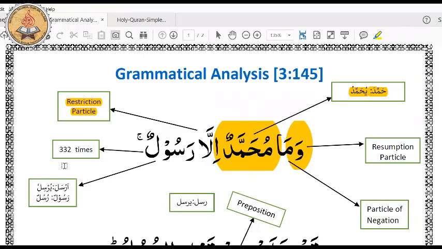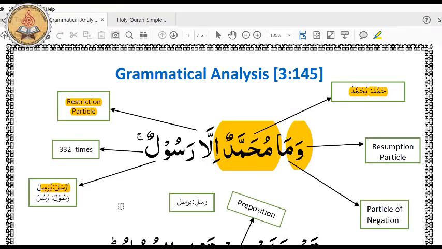It is one of the most often repeated words of the Quran, Rasul. As I mentioned, each and every word is derived from root letters, the radical letters. So when we go back, it is the same as hammada yuhammidu.